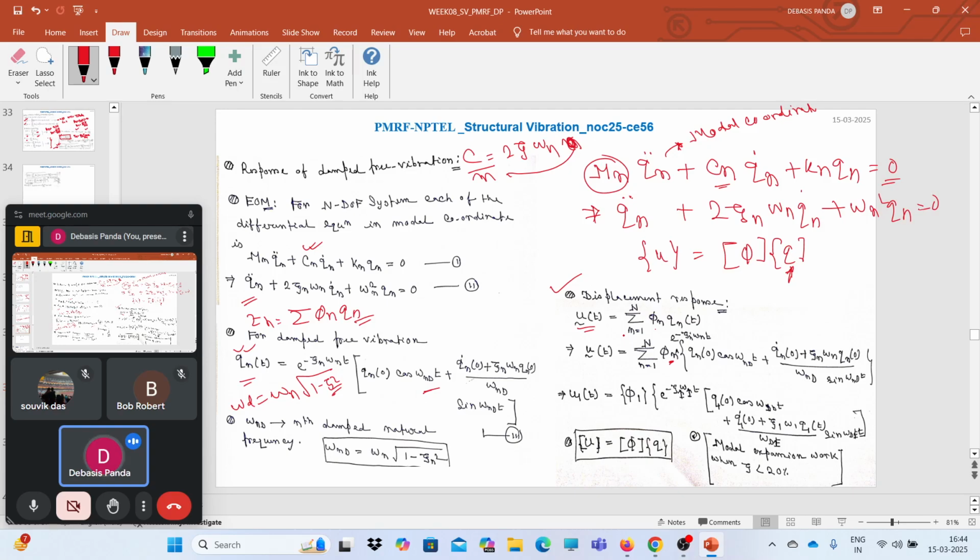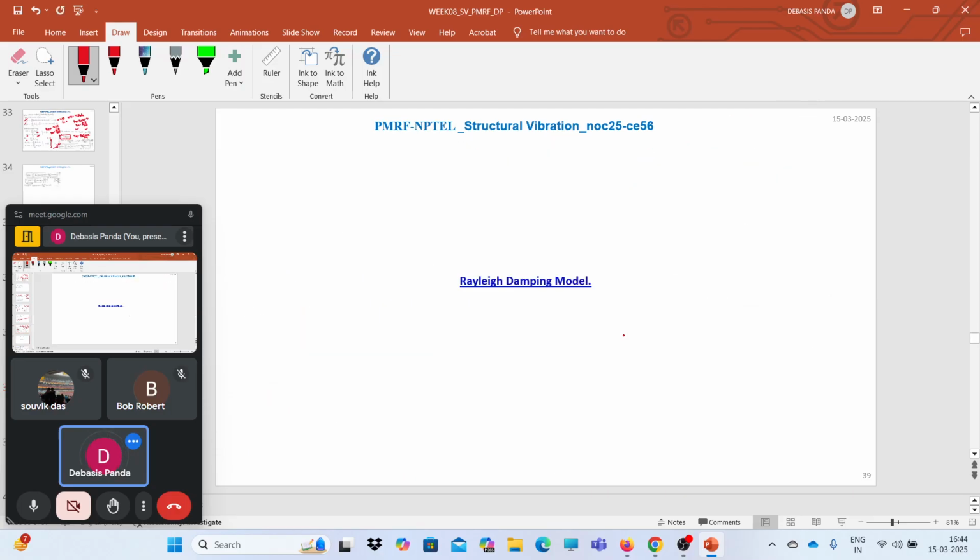Generally this modal expansion works when your zeta, the damping, is less than 20%. For other cases it will not converge accurately and there will be error. Why there will be error, I will tell you when we solve the forced vibration case in modal coordinate systems.